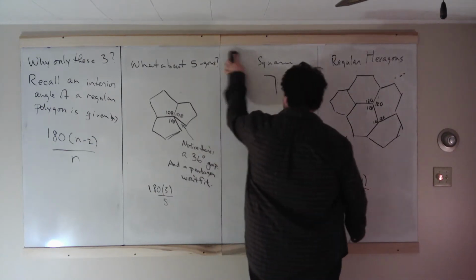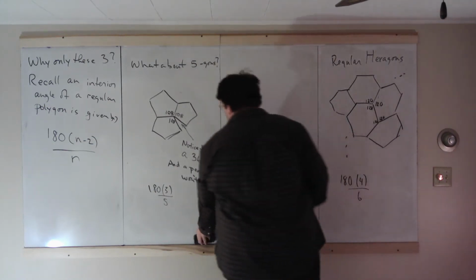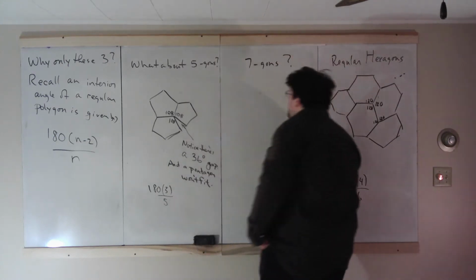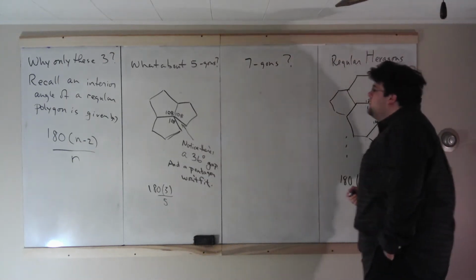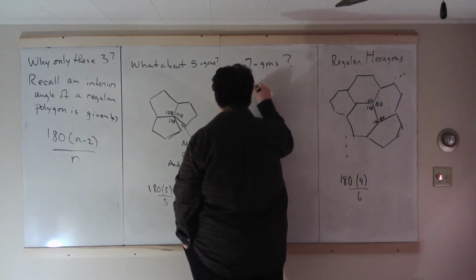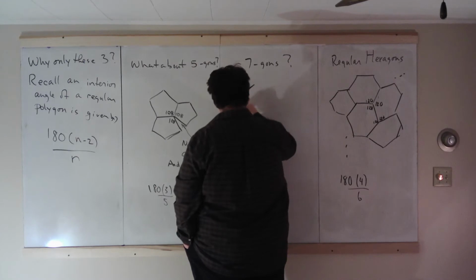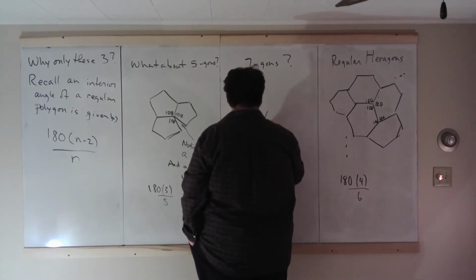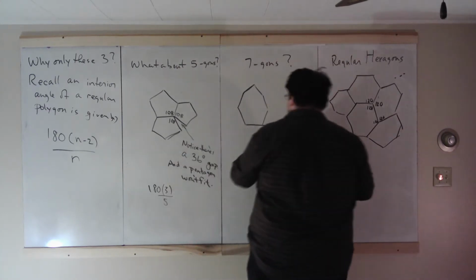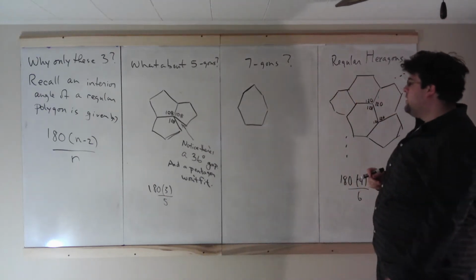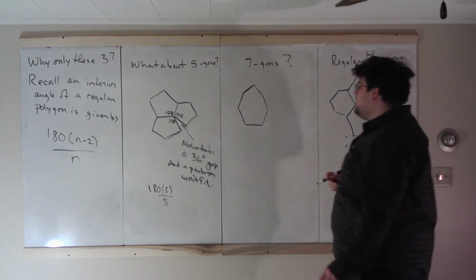What about regular 7-gons? Heptagons. Well, let's see if I can draw one of those. 1, 2, 3, 4, 5, 6, 7. Yeah, that's okay. Pretend that's regular. What is the angle of a regular 7-gon?